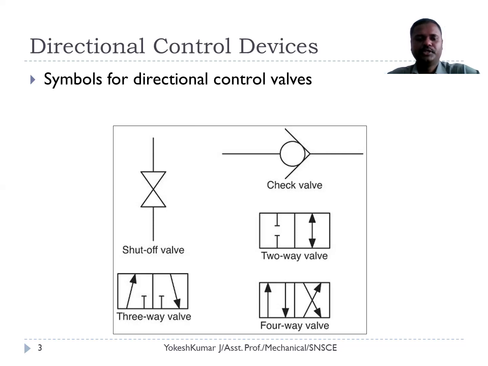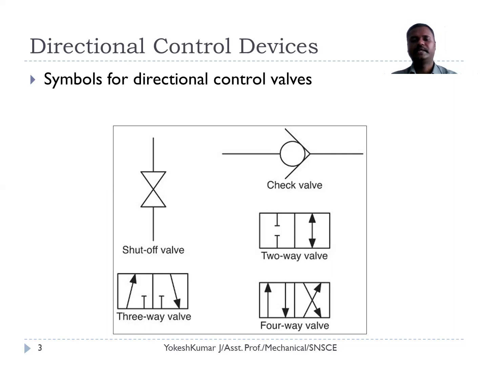It has two positions, one is the open position and another one is the closed position. We have two ports, one is input and another one is output. So this valve is also called a 2x2 valve because two ports are there, input and output, and two positions are there, the open position and the closed position.